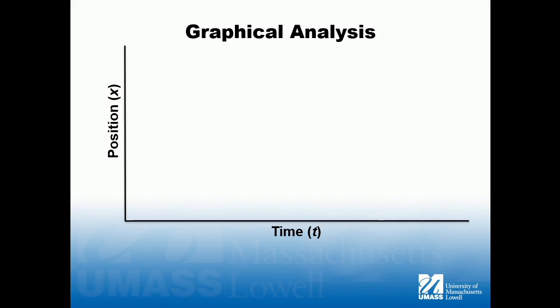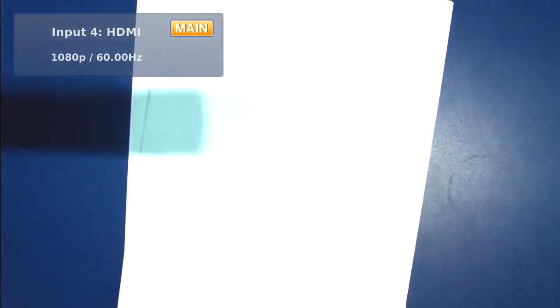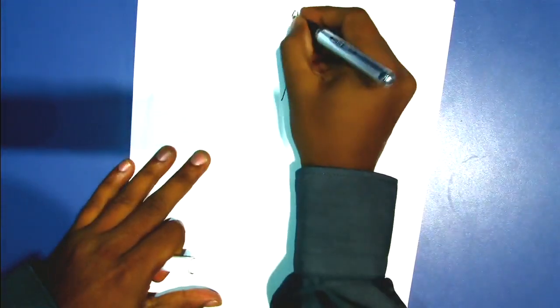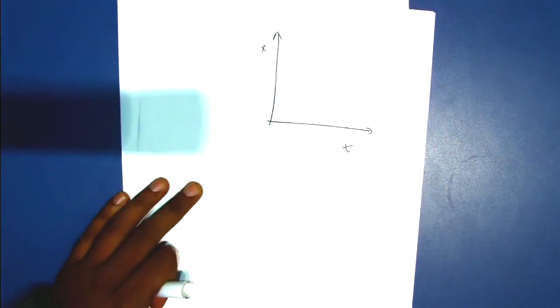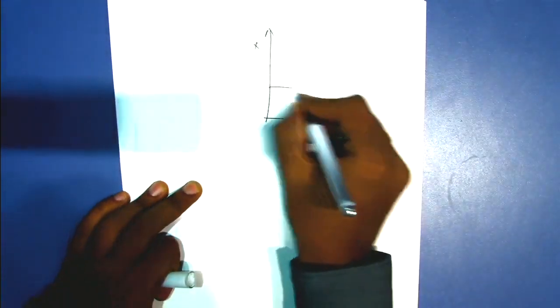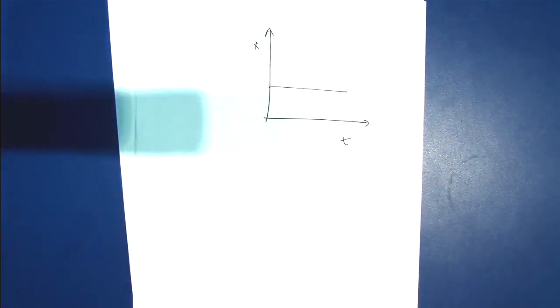Right? If I were to plot the position versus time of something which is not moving, right? So that's x, that's position, that's t, right? And if I plot a position versus time graph that looks like that, that means that thing is not moving. Right? Not very good.